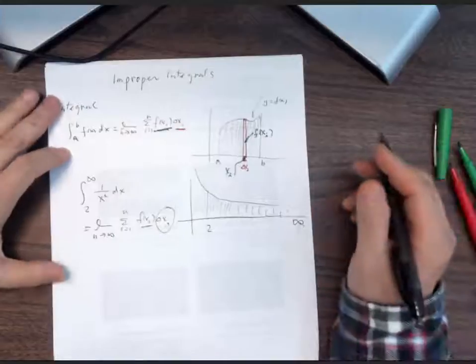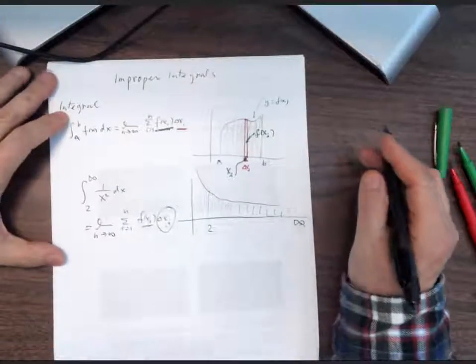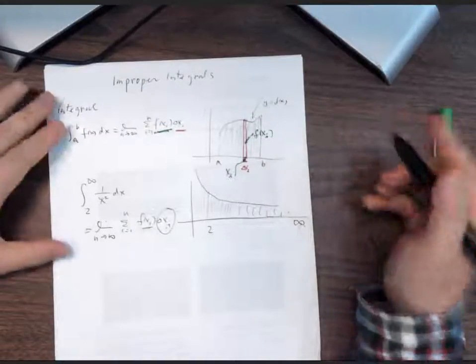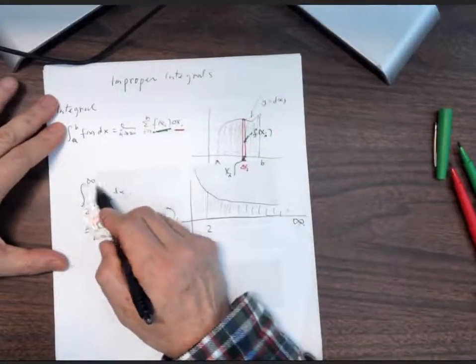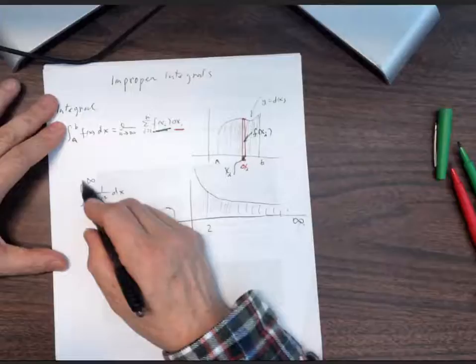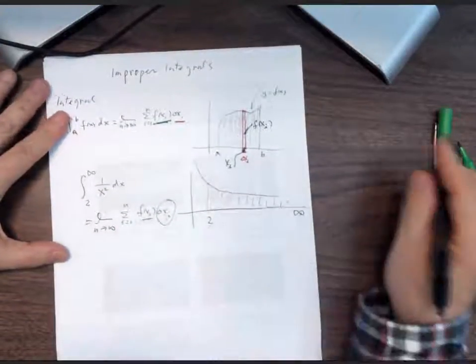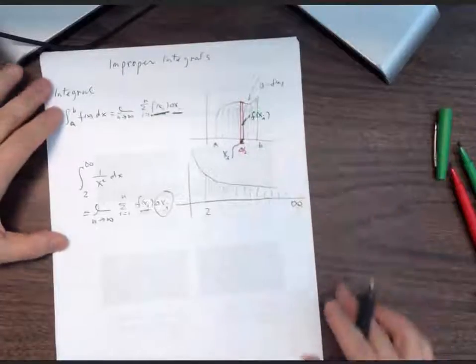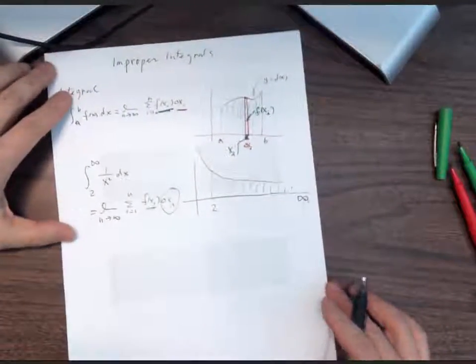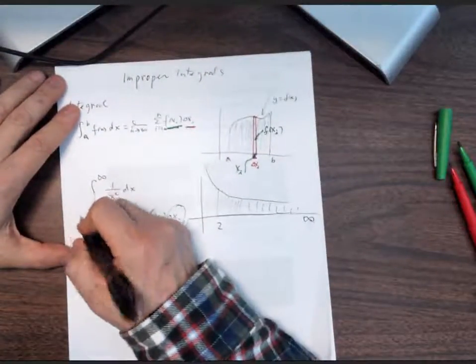Does it mean there's no way to do it? Not necessarily. We just have to find a way to somehow take care of the potential trouble caused by this infinite upper limit. So this is one kind of improper integral.